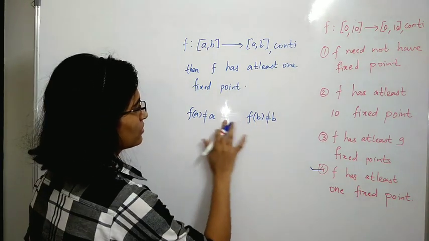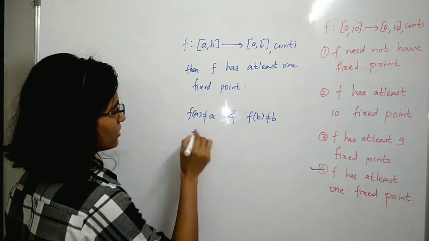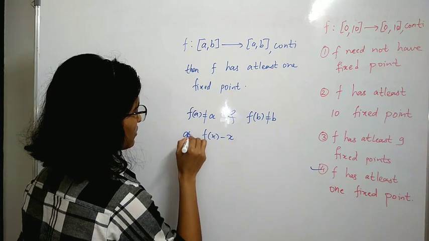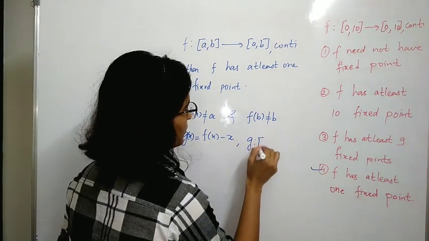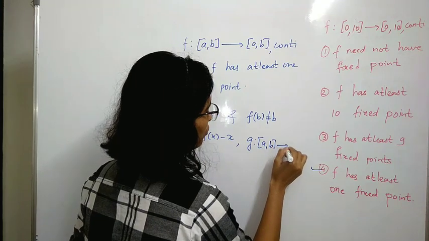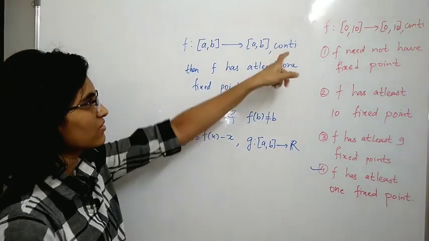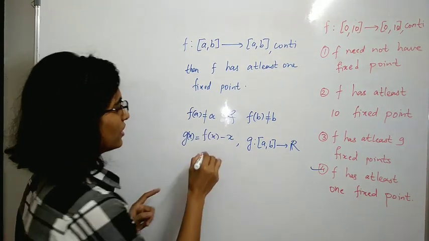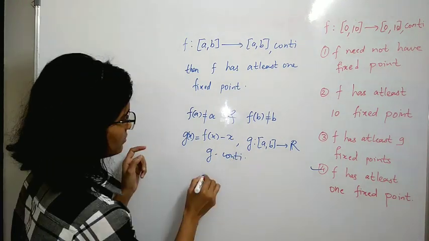So let us consider a function f of x minus x, call it say g of x, and this g is a function from closed interval [a, b] to R, right? Now f of x is continuous, we know that x is a continuous function, so g is a continuous function, right?